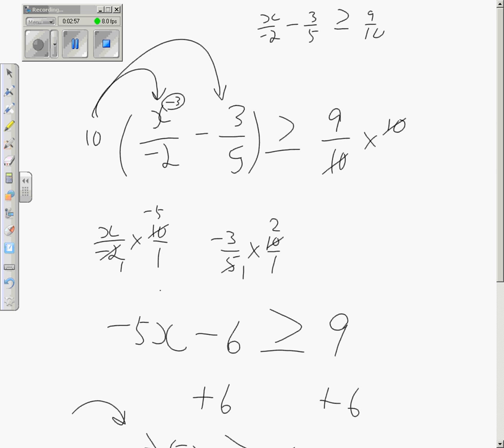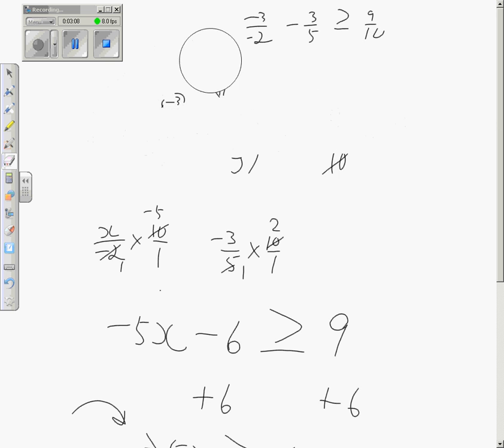I'm going to rewrite that one here as negative 3 over negative 2, take away 3/5, has to be greater than or equal to that. Well, let's just check this out here. Let's erase all this stuff and see if that's true. So this is really 1.5. Take away 3/5 is going to be greater than or equal to 9/10. Right? That's what that means. So we're going to put a positive 3/2.